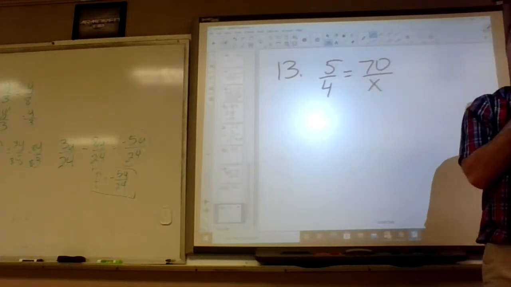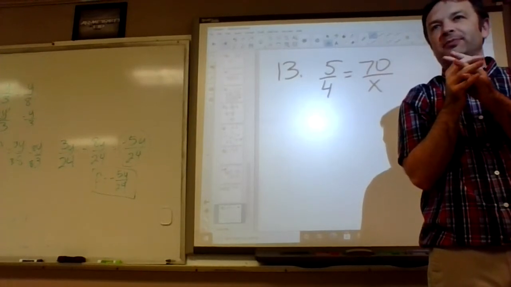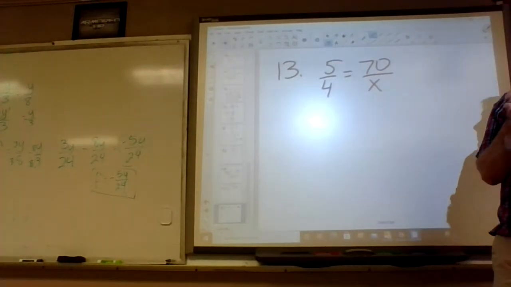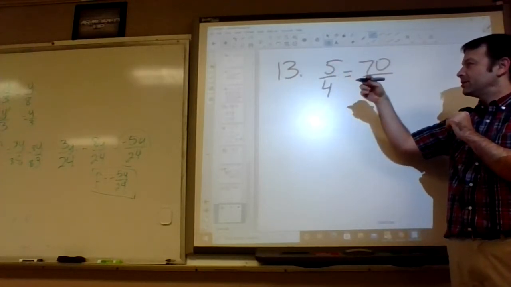But we have to learn a new way this year because the problems are harder, algebra problems basically. This one you could use your 7th grade method on, but we need to learn a new method.